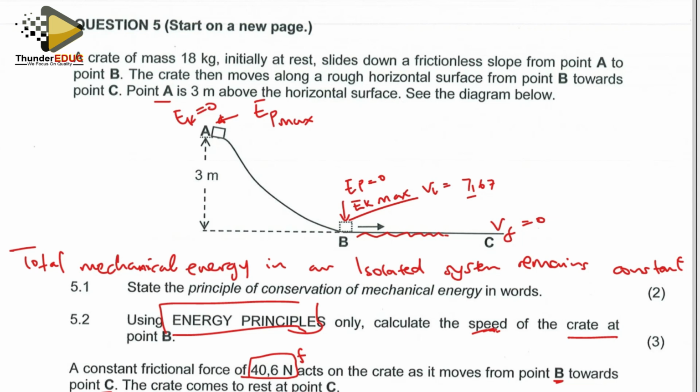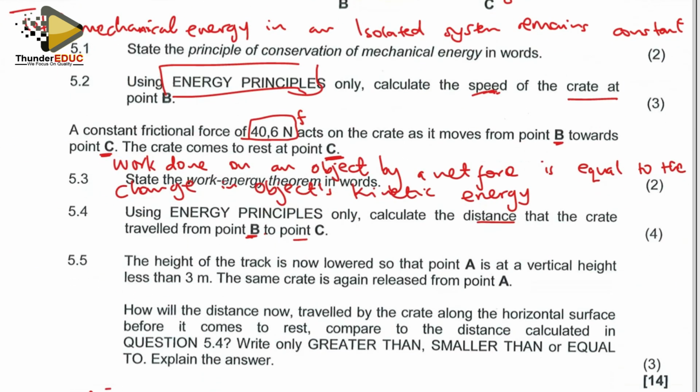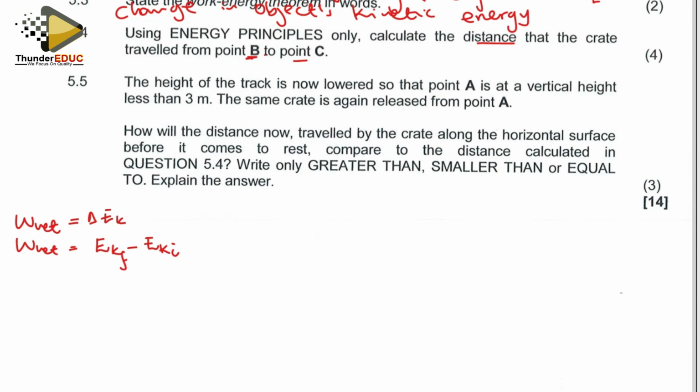So as this body is just continuing to move, the only force that is acting on it will be this frictional force, so that it comes to a rest. And it's going to be acting in the opposite direction. So I'm going to look for the work done by all the forces. And the work done will be just by the frictional force.